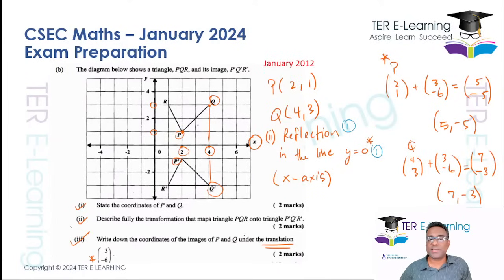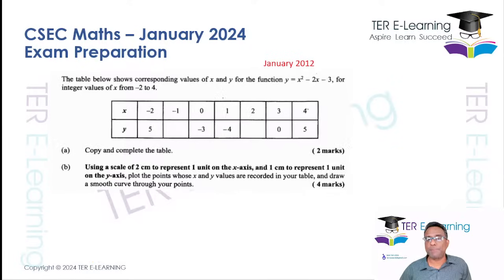So this is one thing that you could get. This next question here is about a quadratic. The table below shows corresponding values of x and y for the function. So this question is about a quadratic function. Your domain is from -2 to 4.